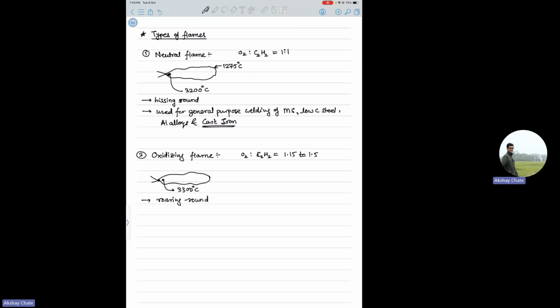1 second. Yeah, so this cast iron that we were talking about. Because of this torch, there is this inner flame which is at 3200 degrees Celsius. In general, when you have cast iron, this torch is usually used for preheating and post heating.